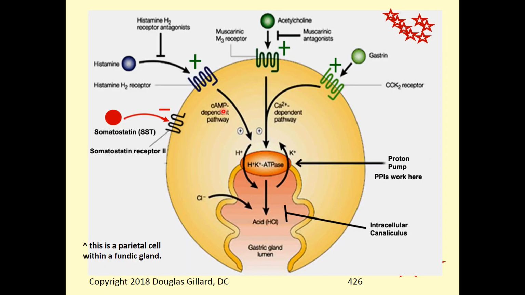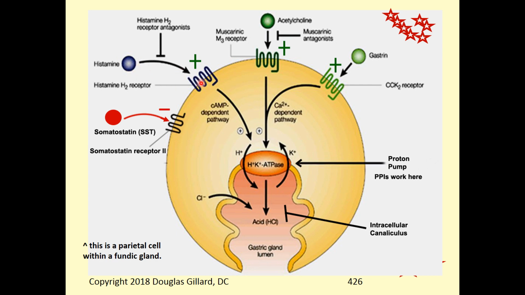There's a little cartoon. There's the SST receptor and somatostatin, which is released from D cells. We'll talk about the two different types of D cells. It turns off this parietal cell. The proton pump is here, where the magic occurs to make acid, and somatostatin turns it off. Everything else is a turner on.